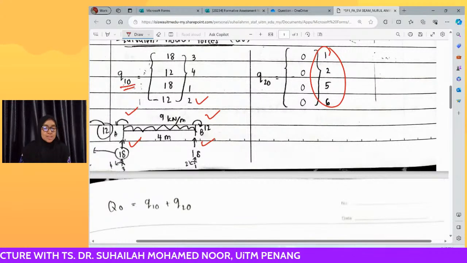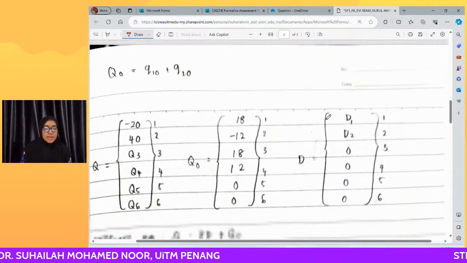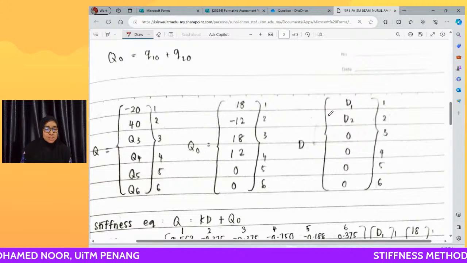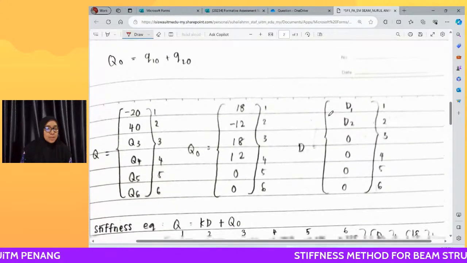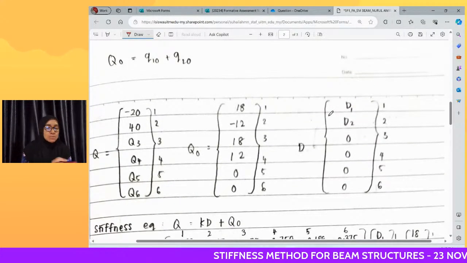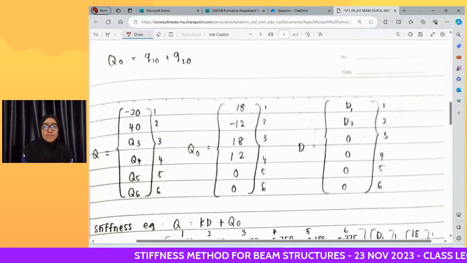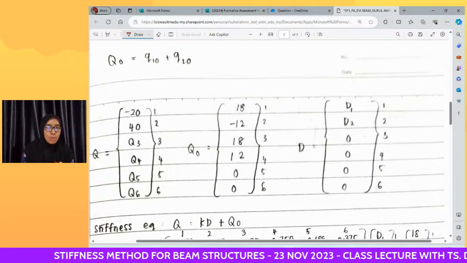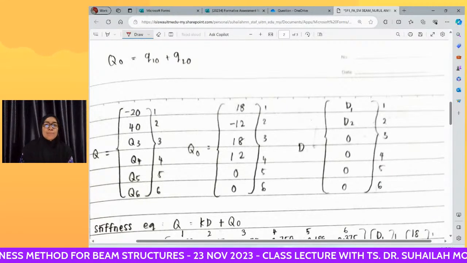Then we add these two and we get the equivalent nodal forces Q, Q1 and Q2.